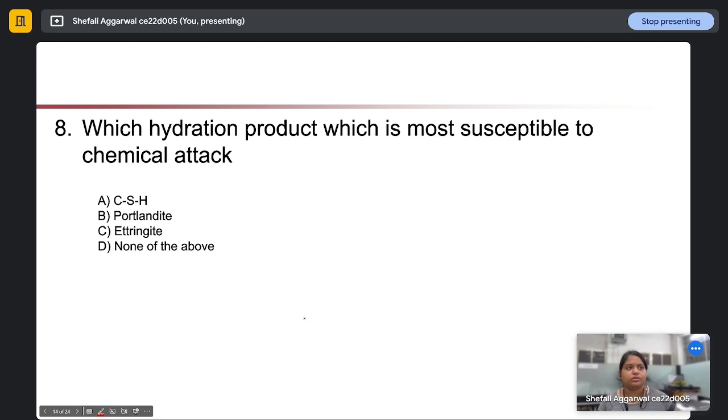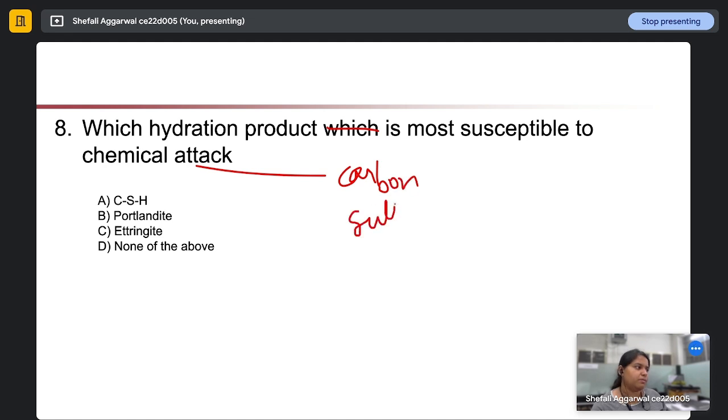So the next question is, which hydration product is more susceptible to chemical attack? These are the main hydration products: CSH, Portlandite, and Ettringite. We have different chemical attacks: carbonation, sulfate attack, or acid attack.